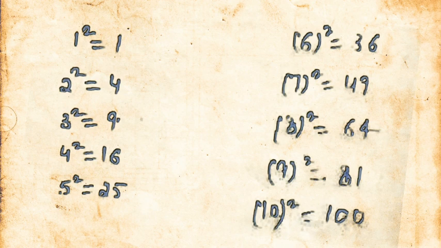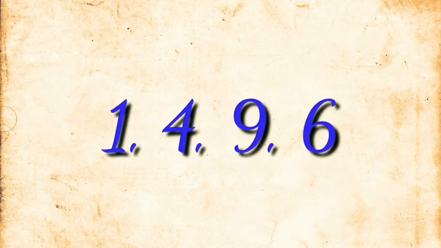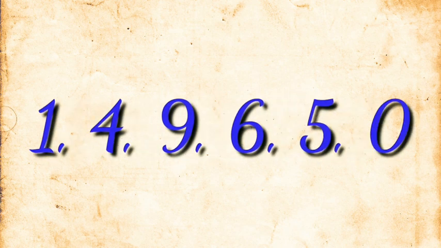What conclusion did we get? The numbers which end with 1, 4, 9, 6, 5 and 0 can be perfect squares.